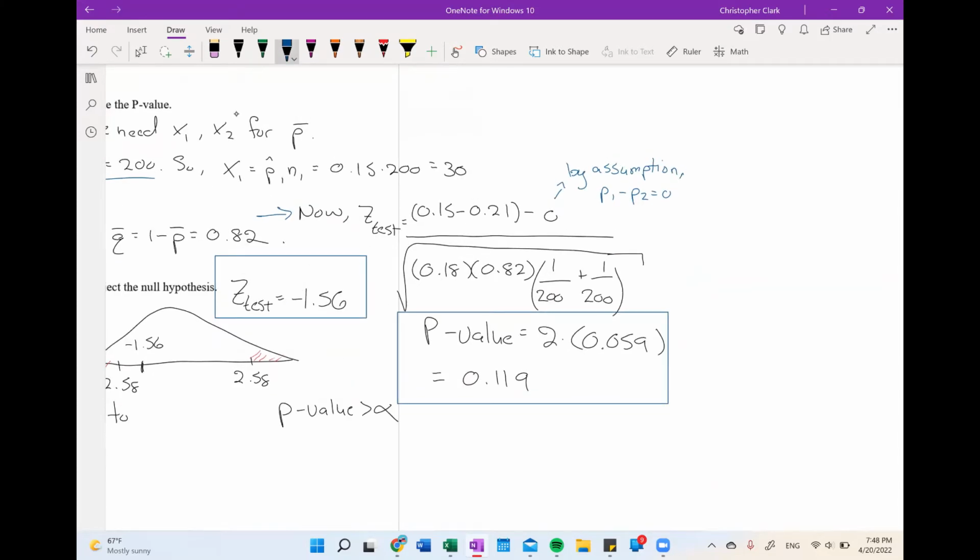And if you do that, you get a z-test equals negative 1.56. So if you look that up in the table, you're going to get a p-value of 0.059, but we have to be careful because that, remember, is just going to be the stuff to the left, but because it's two-tail, we are interested in what could be to the right. And because of symmetry, we know that there's also a 0.059 area or probability hanging out to the right. So we're just going to double it to get a final p-value of 0.119.